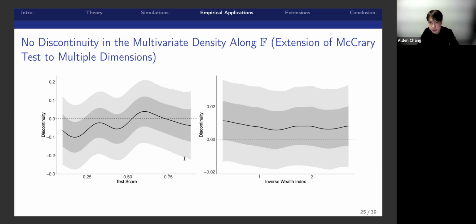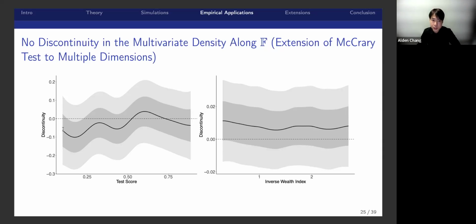However, technically, this is not the best we can do, because it is possible that even if the single-dimensional histograms look continuous, there is actually a discontinuity in the multivariate distribution. So here, what I've done is extend the McCrary test to multiple dimensions. And here, I've plotted the estimated discontinuity in density for the two segments along the treatment frontier.